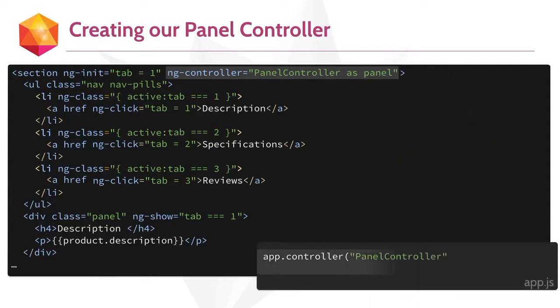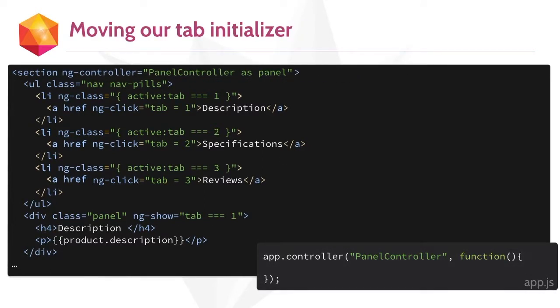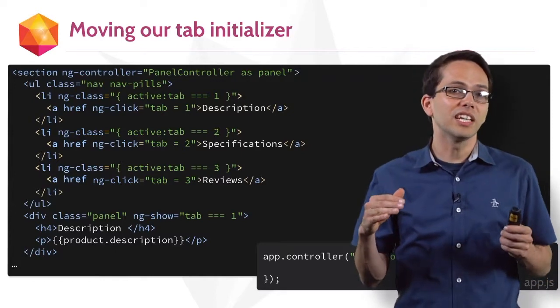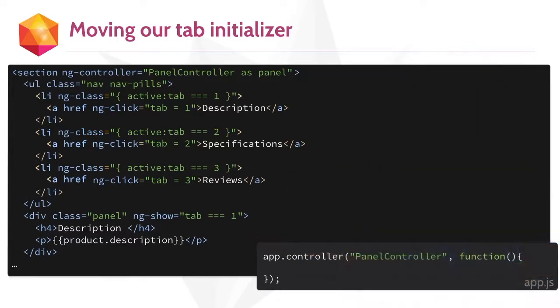Then in our app.js, we'll define our panel controller. Our next step is to move the tab initialization inside of our panel controller. ng-init is great for prototyping, but really initialization and configuration should go inside of a controller. In this case, we'll make tab a property of our controller, so we'll be able to refer to it as panel.tab.